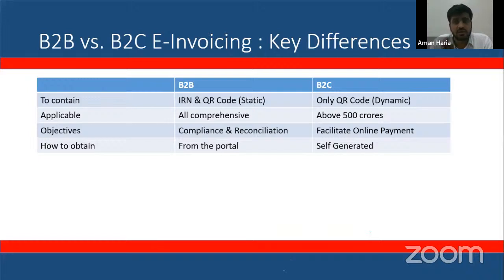The intention in B2C is to facilitate online payment, and that QR code has the payment links, which have to be generated by the taxpayer themselves and printed on the B2C invoices. On the contrary, for B2B invoicing, the government has set up a portal, and you have to generate this IRN and QR code for the B2B invoice from the government portal. I hope the distinction is clear now.